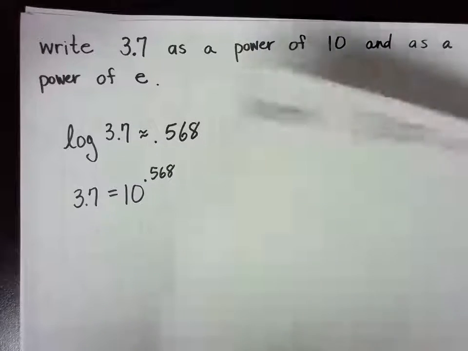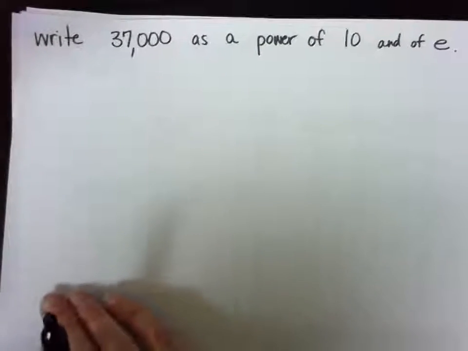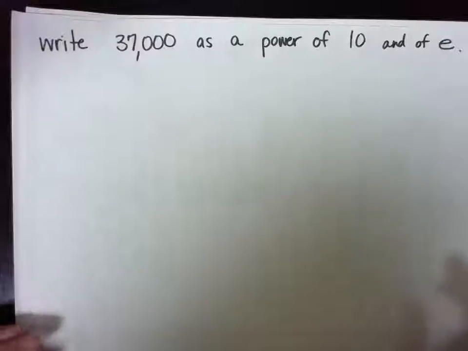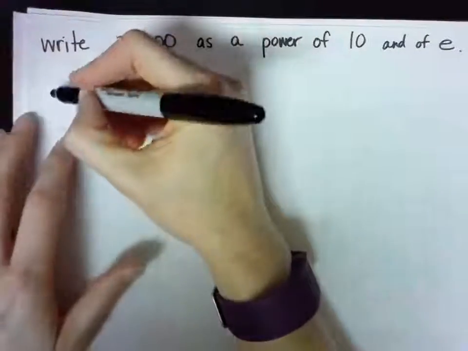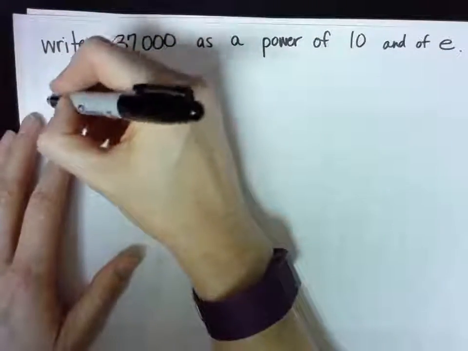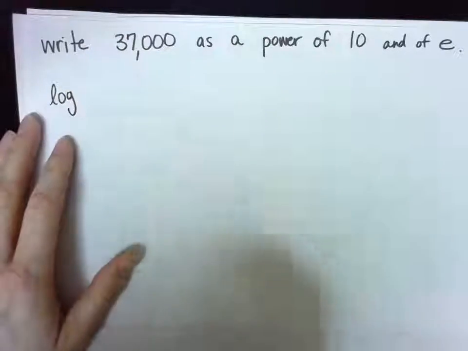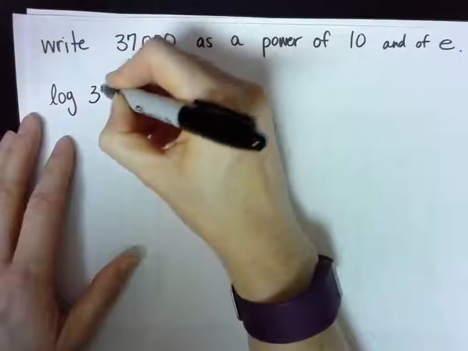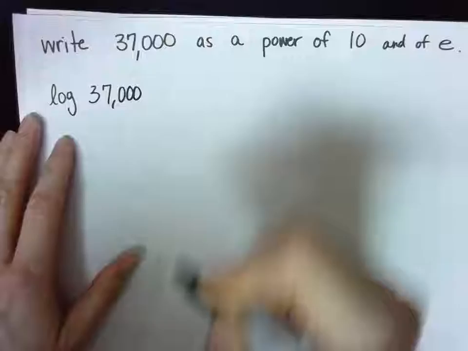And now, what about 37,000 as a power of 10? Okay, so again we would do the log base 10 of 37,000.